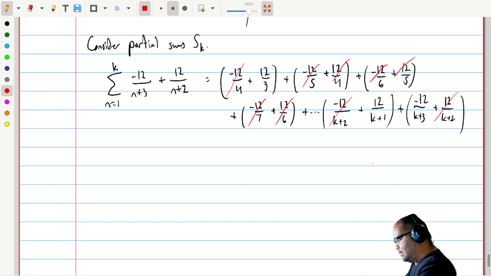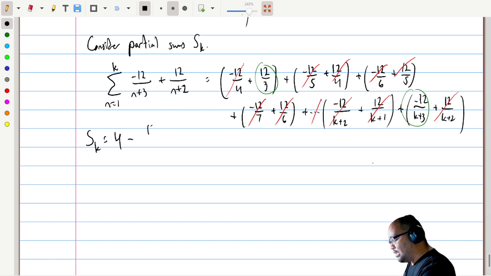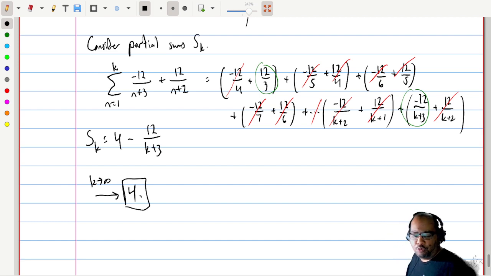Those terms die, and that one dies with something else. The only ones that survive are there and there. So the partial sum s_k is 12 over 3, which is 4, minus 12 over k plus 3. Now when you take limits, the sum converges to 4.